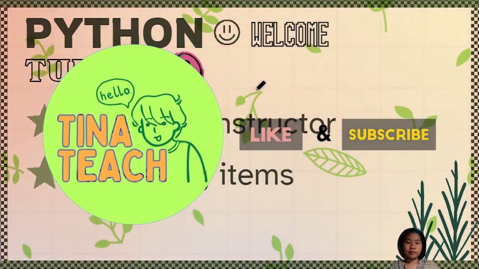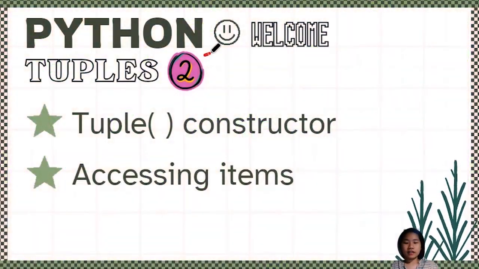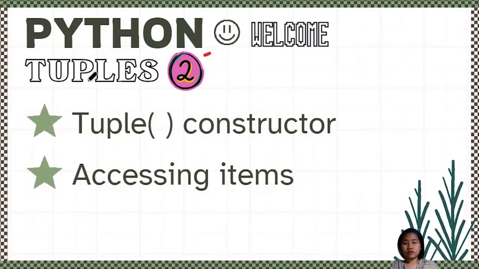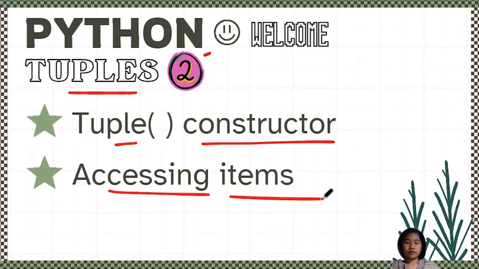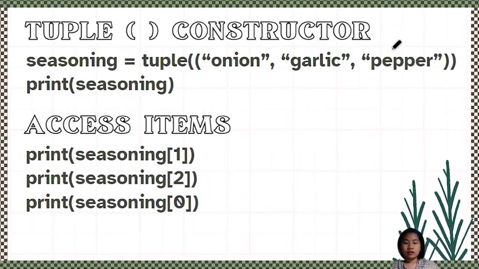Hello everyone, welcome back to Tinateach Python. Today is our second deep dive into tuples. We'll be looking at the tuple constructor and how to access the items that are nestled within tuples. First off, let's look at the tuple constructor. So this is the syntax that we're working with.